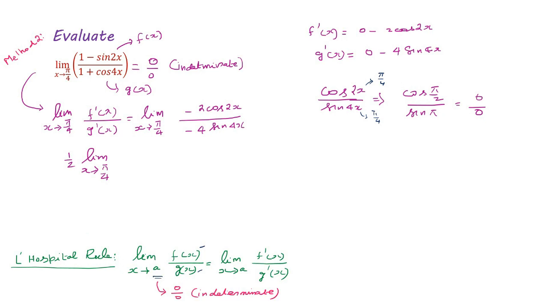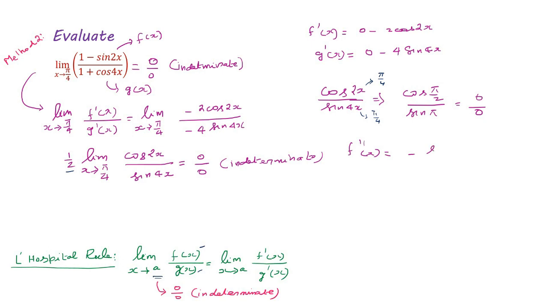So half into limit x tending to pi by 4. How this half came? Minus 2 by minus 4 is there, you take it as half, bring it outside this limit, which gives you an indeterminate form. Go to the differentiation once again.